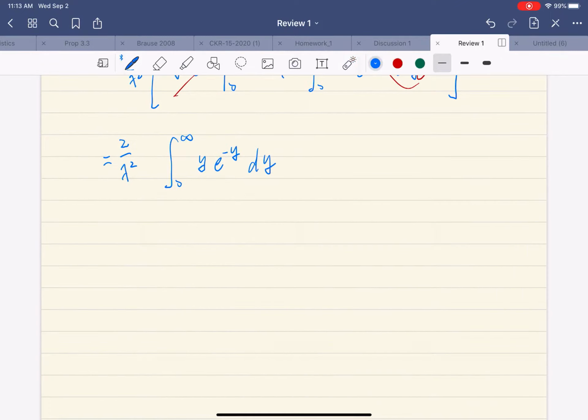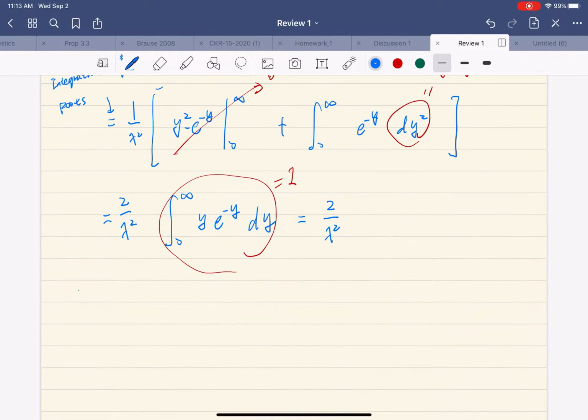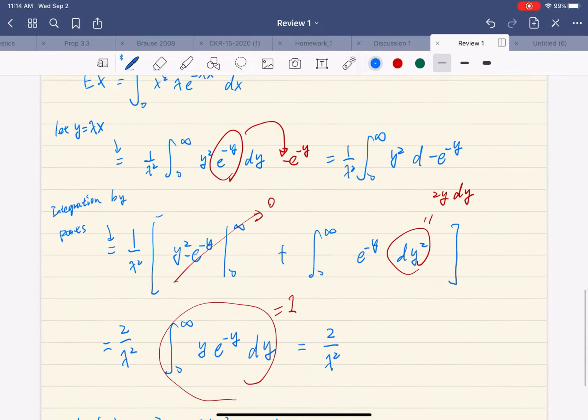So we can get this is equal to 2 over lambda squared. Okay, so in the end we have the variance of x equal to 2 over lambda squared minus 1 over lambda to the power 2, so it is equal to 1 divided by lambda squared. Okay.